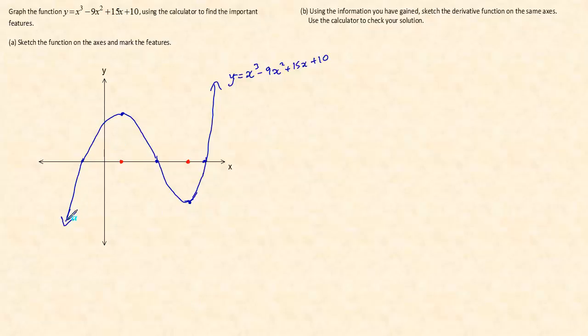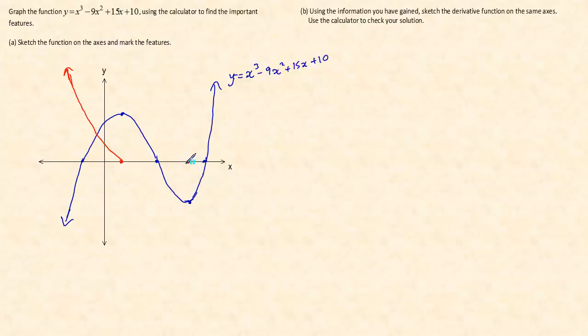Now along this section here, the gradient of our function is positive, it's sloping upwards. That means the gradient function must be above the axis. So it's very steep down here, and it becomes less steep, so it must be coming down towards this 0 like so.